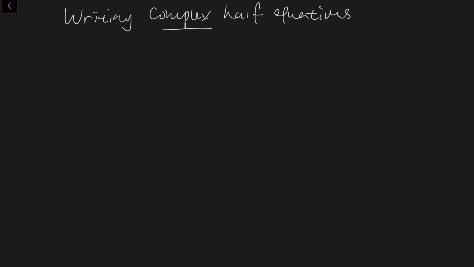After some practice questions, let's now get back to the main topic. So the last thing I want to talk about in this video is writing complex half equations. So let's first talk about in acidic conditions.